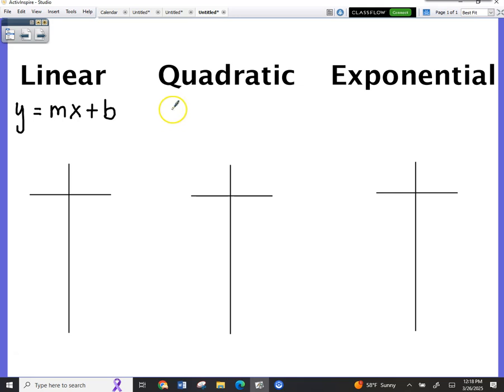Quadratic. Allie, how many are there for quadratic? 3? Will you tilt your paper where I can see it? For quadratic, they tell you there are 3 versions.